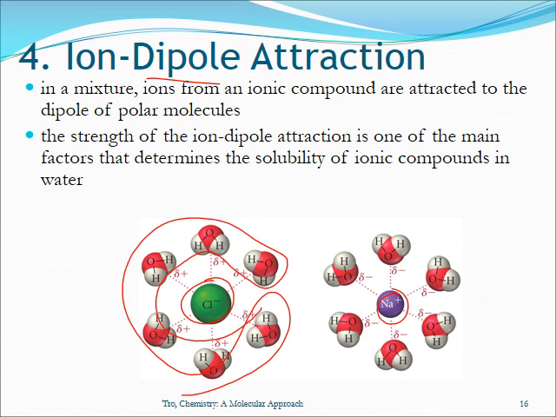Because you have the ion, again Cl or Na, and the water, which is the dipole, you have a very, very strong attraction. And by the way, this is why when you put salt into water, it separates. Water is very good at separating ionic compounds because of the ion-dipole attraction.